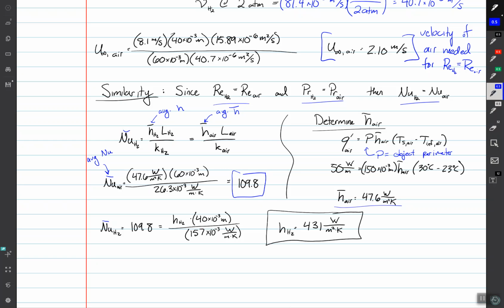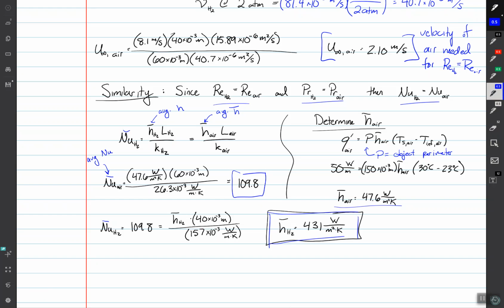We can plug in the knowns, what L is, what k is, and find what h is. So this is a nice experimental way to determine systems that are otherwise complicated or challenging to do experimentally.